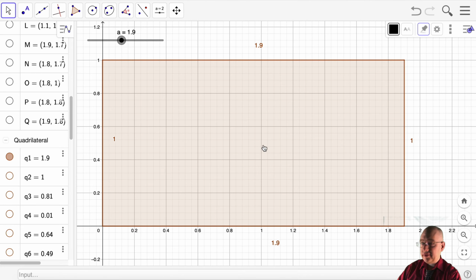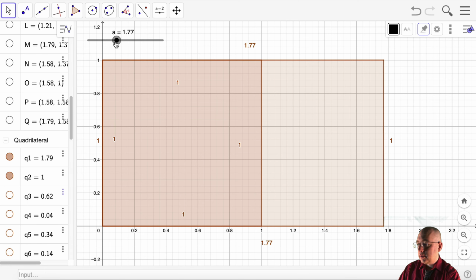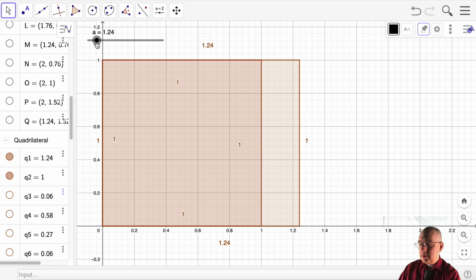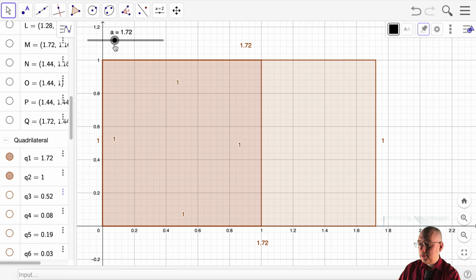Basically I've got a rectangle here. Beautiful, beautiful rectangle. Now I'm going to put in the square, which I've already done, quadrilateral 2. So here's a square and here's a rectangle, right? And then, as I shorten this length, you can see it gets more different from having two squares to having a thin, narrow rectangle.